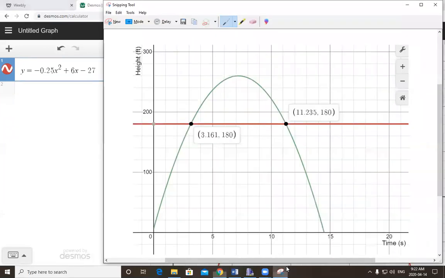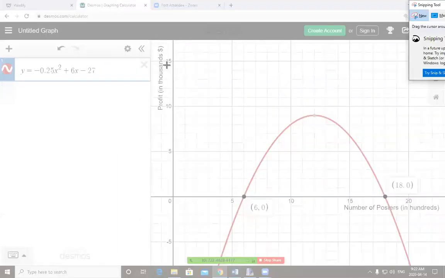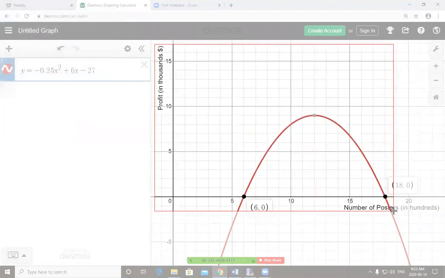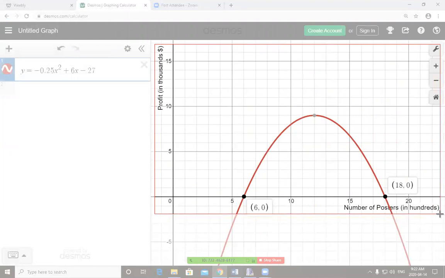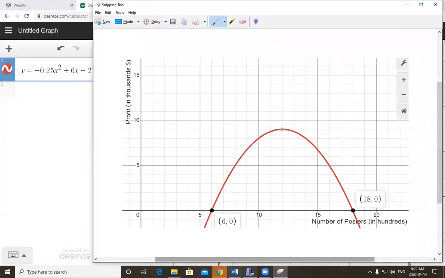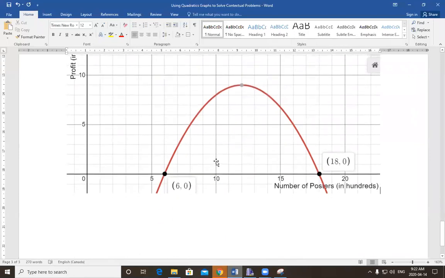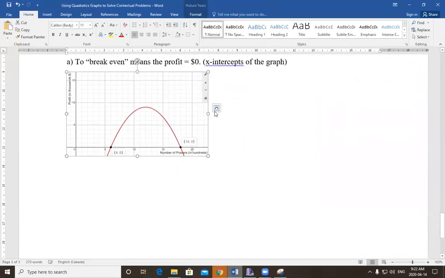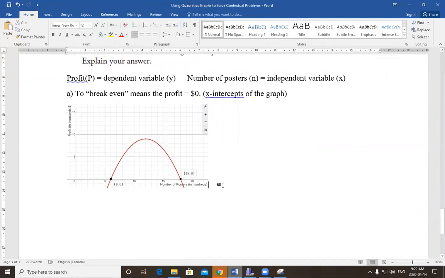So we will snip this graph and copy it into our Word doc. And we have our x-intercepts. So x1 is 6, x2 is 18.